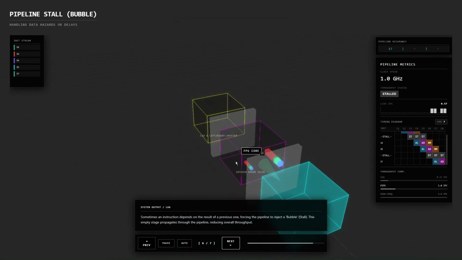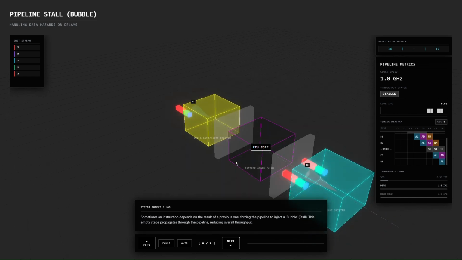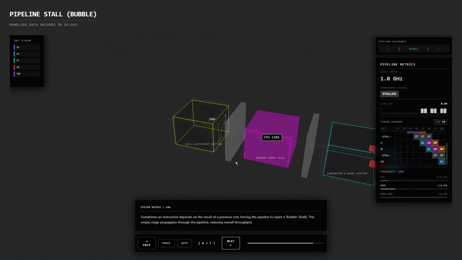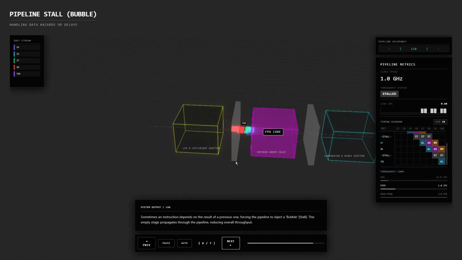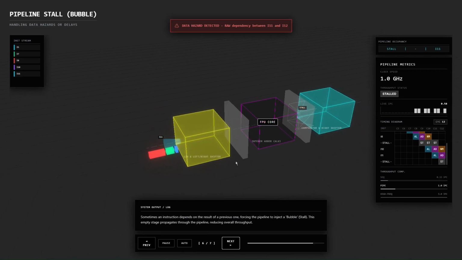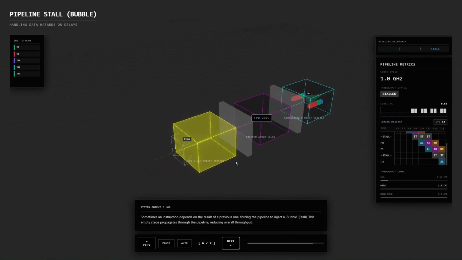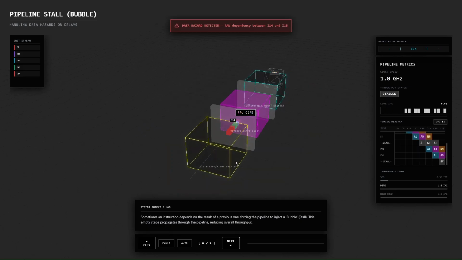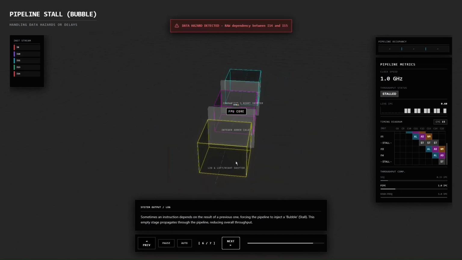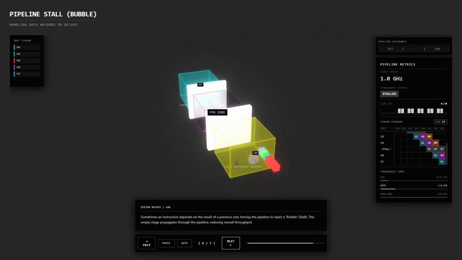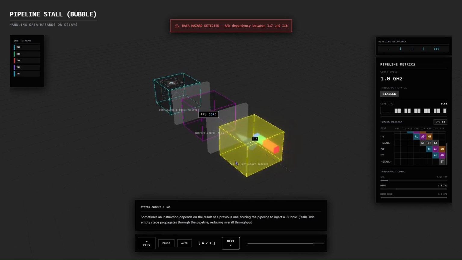This happens when one instruction depends on the result of the instruction right in front of it. Say instruction 2 needs the output of instruction 1, but instruction 1 has not finished the normalize stage yet. The pipeline cannot just use a result that does not exist yet, it has to wait. So it inserts a bubble, a blank slot that travels through all three stages doing absolutely nothing.